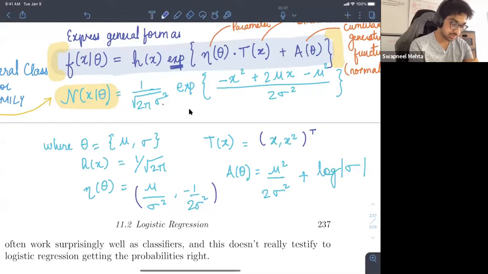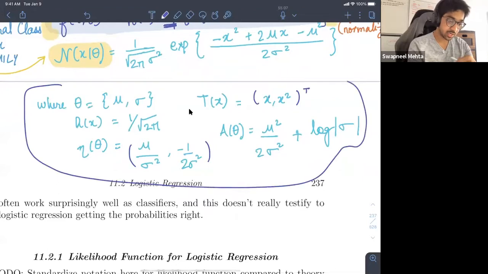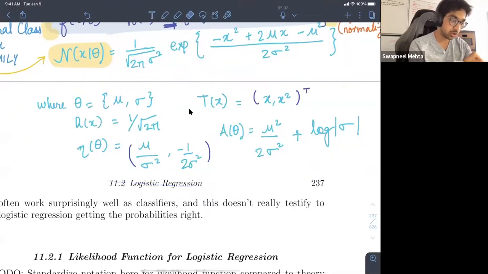So this square root of sigma square goes up as log sigma square, log mod sigma, and that's where this thing comes from. So we push this term into the exponent in order to get this normalizing constant. And because of this formulation, you now have your parameters and your canonical form for the normal distribution.